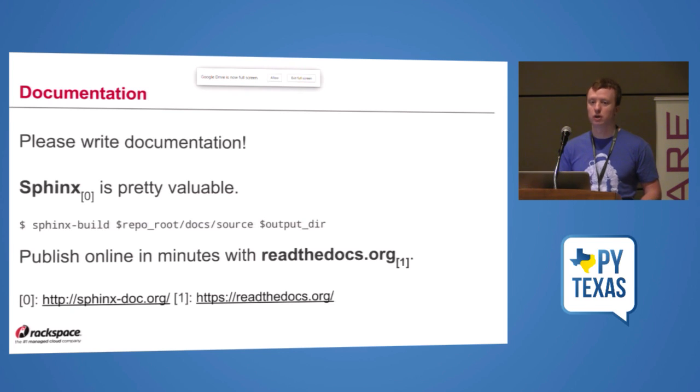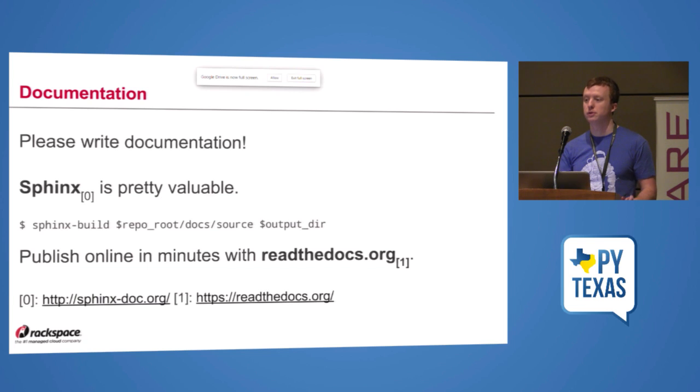And Sphinx will automatically build that text into a nice looking documentation format like HTML or PDFs. There you can see the command line that I use to build the documents for Arsenal.